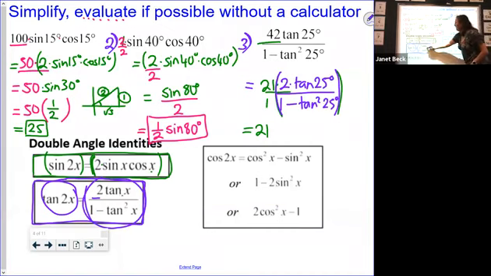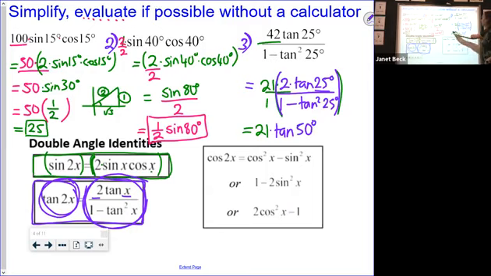And where I see an x, I've got 25 degrees. So my single angle is 25 degrees, and I can replace all of this, it's equal to, so it can come off. And in its place goes this, the tangent of the double angle. If my single angle was 25 degrees, my double angle is 50 degrees. Okay, so that was some examples of simplifying.